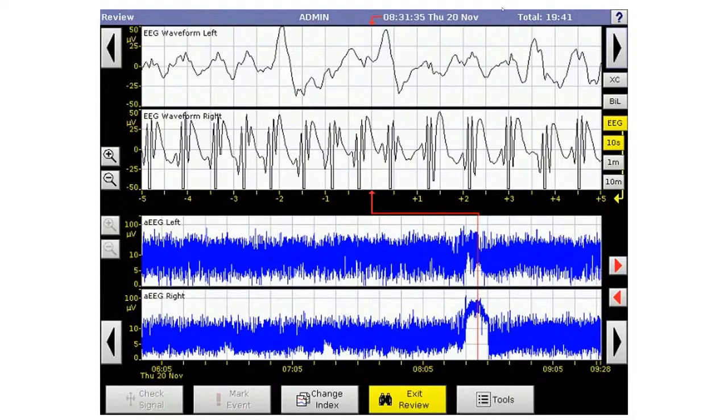You see that we're coming along, and all of a sudden we have this increase in voltage, remembering that the distance between the hash marks or the gray lines is 10 minutes, and that each single line of aEEG represents 15 seconds. As the voltage of the seizure begins to increase, we begin to see an uprising of the lower margin.